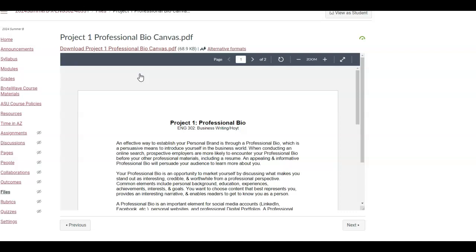Adhering to those parameters is key in professional writing, because if you want to publish a bio on a platform or in some kind of publication, there are going to be parameters. There are going to be constraints like word counts, and if what you submit doesn't adhere to those, then it simply won't be published. So it's important to practice writing within those parameters.